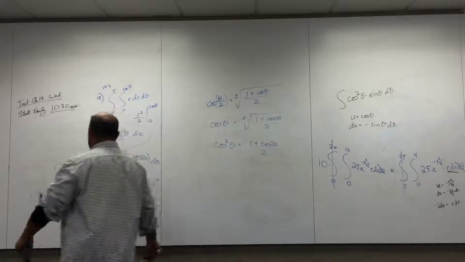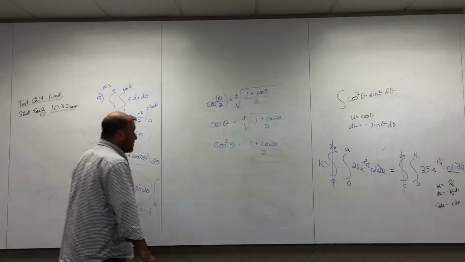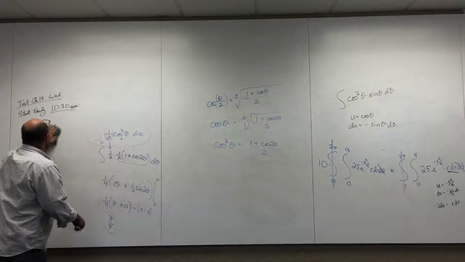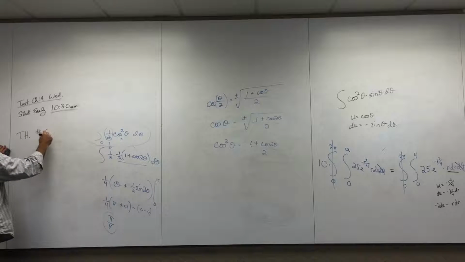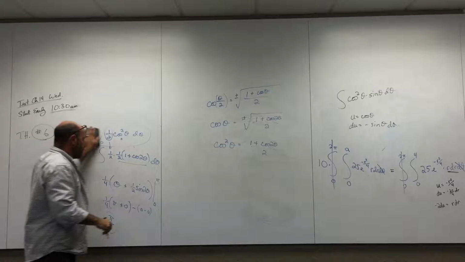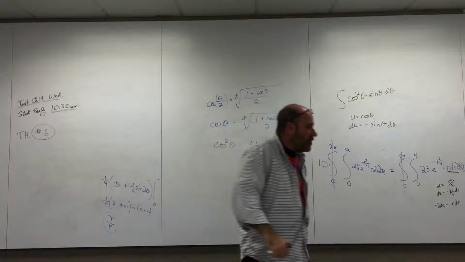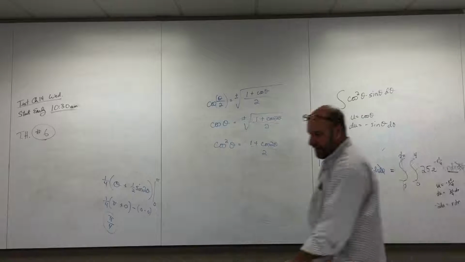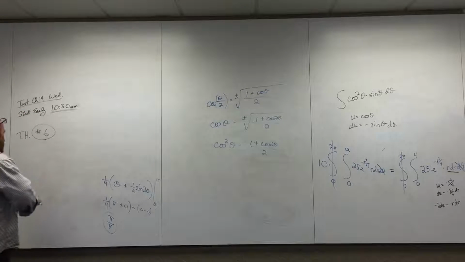One of my other favorite problems, and it shows up here on your take home quiz as number 6. But maybe I don't want to really do number 6. So here's what I want to do.